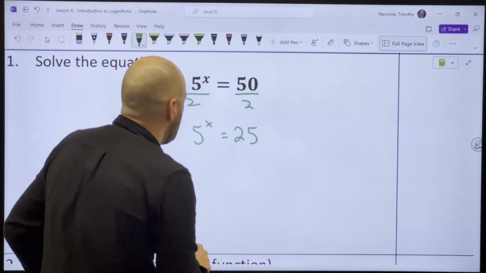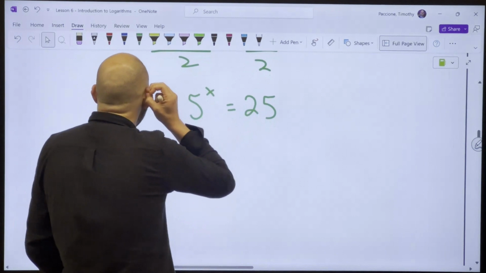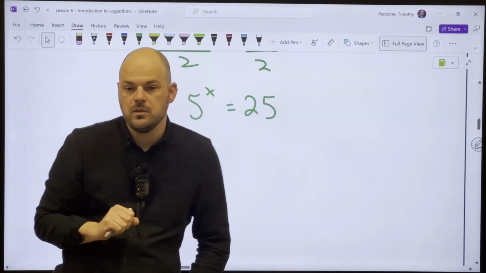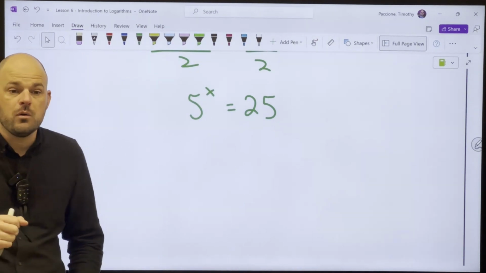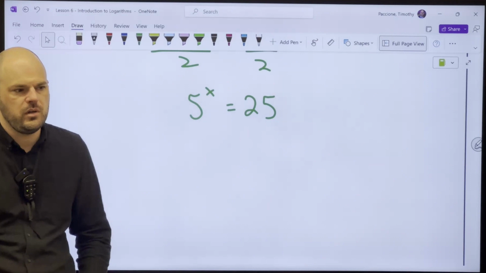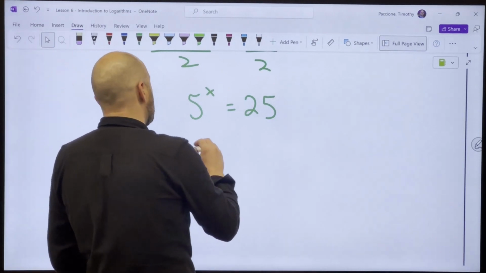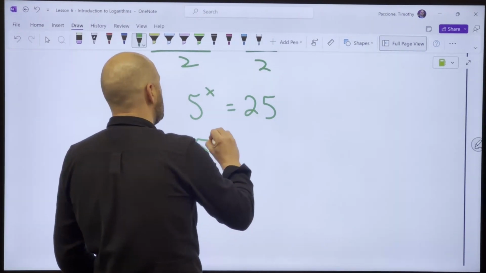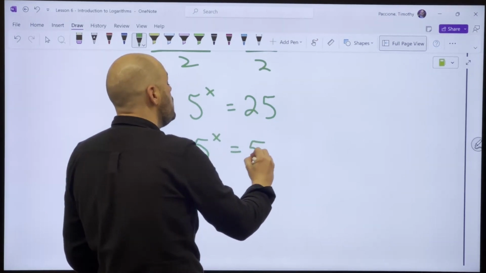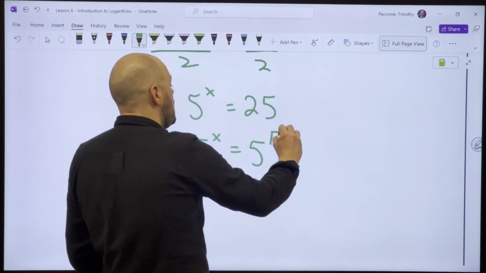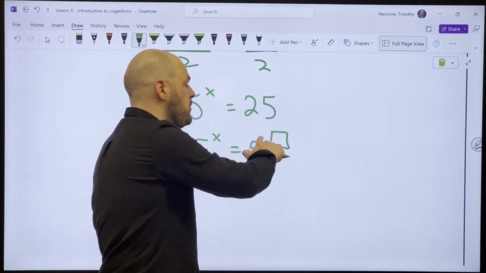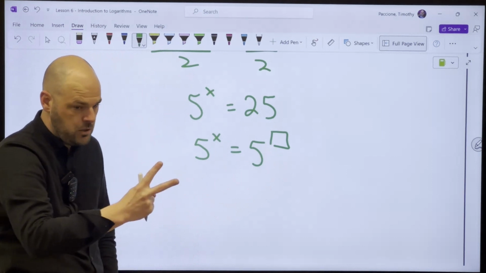And that process was, well, let me rewrite the 25 in a different form, and then maybe it'll reveal itself. So we'll pretend we don't know it's 2, right? And I say to myself, well, I know there's a rule about common bases. So maybe if I rewrite this as 5 to the something, I can get this to a place where I can solve it. And I say, well, 25 is 5 to the 2.